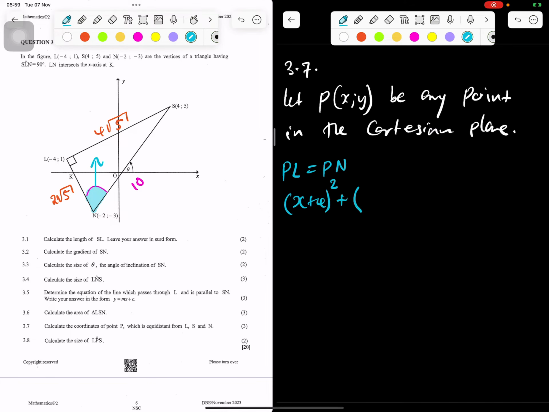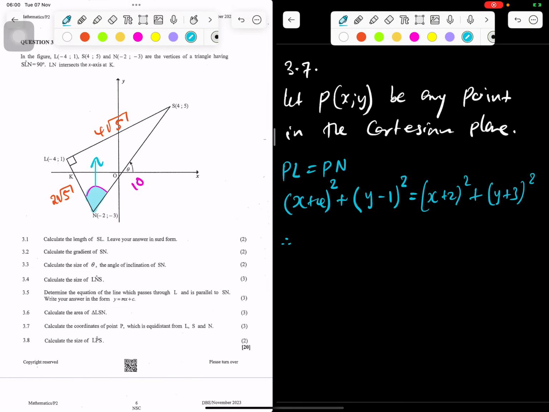Then from L, it's y minus 1, and you square this, equaling PN. Still x, but you go to N now, that should be plus 2, you square this, and then y plus 3, and you square this.